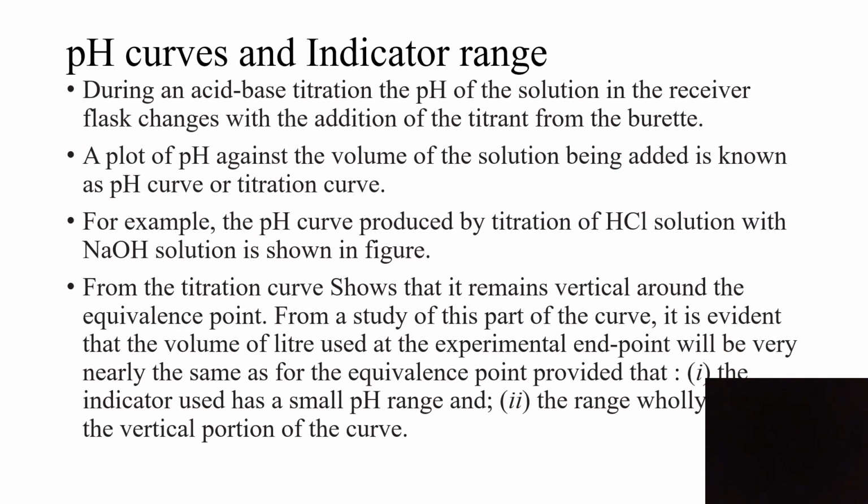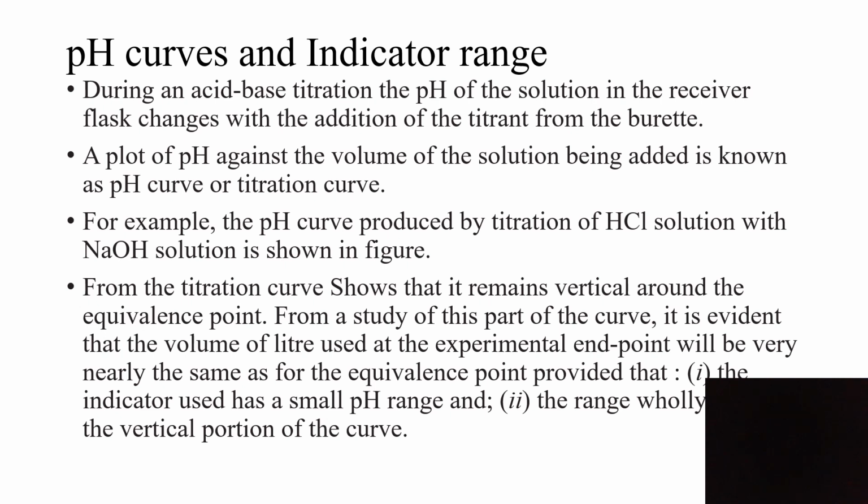pH curves and indicator range. During an acid-base titration, the pH of the solution in a conical flask changes with the addition of titrant from the burette. A plot of pH against the volume of solution added is known as the titration curve or pH curve.